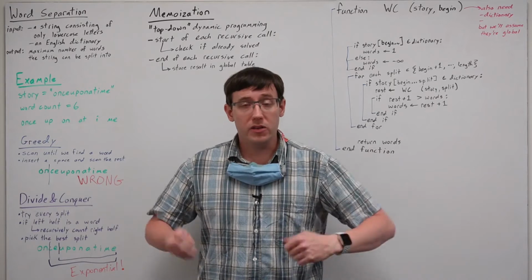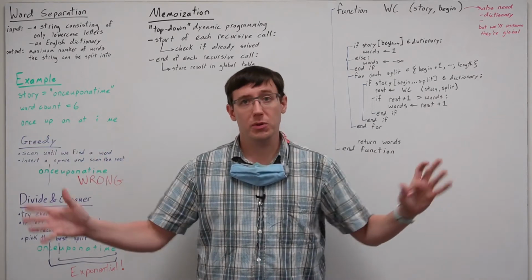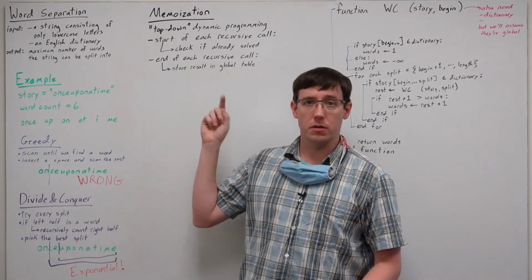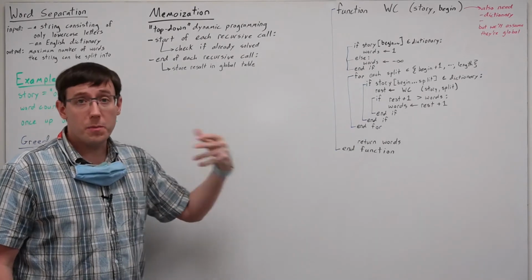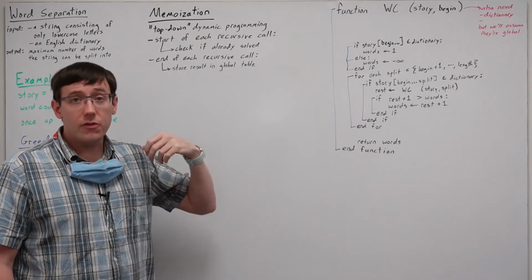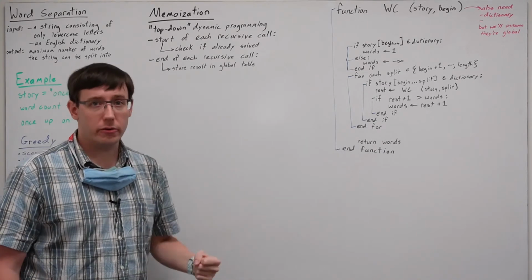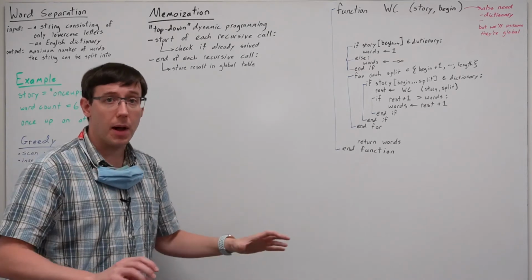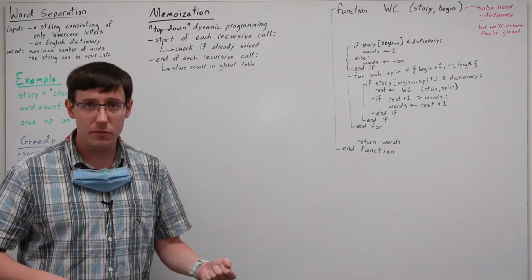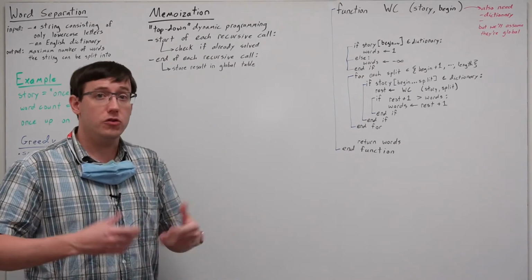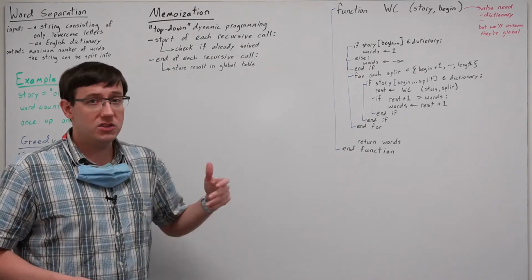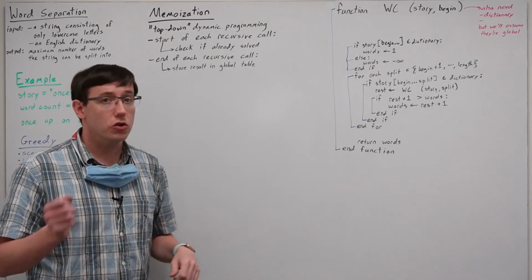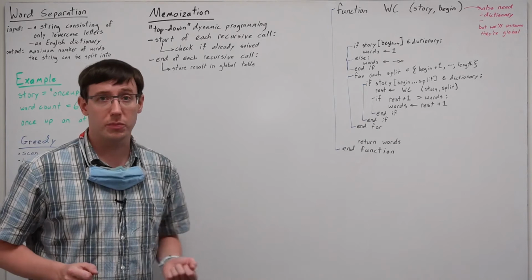So to avoid this potential for an exponential explosion in the number of recursive calls, we turn to memoization. The key idea of memoization is that if we have a recursive algorithm where there is potential for the same subproblem being solved multiple times, we should avoid duplicating the work by saving the result the first time we solve the subproblem and just looking it up later instead of recomputing it.